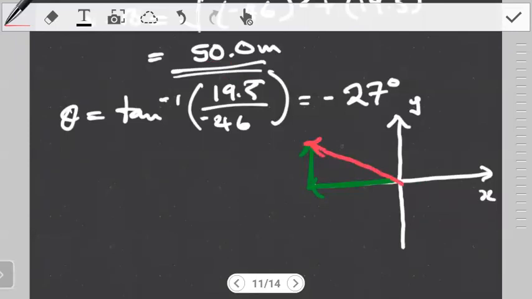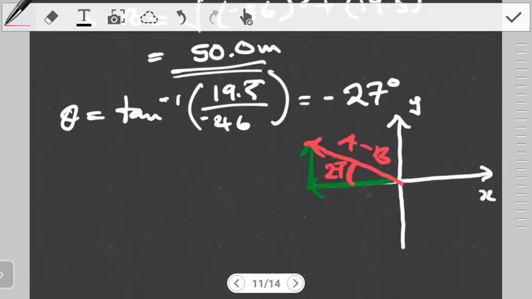The angle we have found, that negative 27, is this one here. It's negative because we're measuring it clockwise. Angle is supposed to be measured anti-clockwise. So to state it as a direction, we have to measure it anti-clockwise from the positive x.